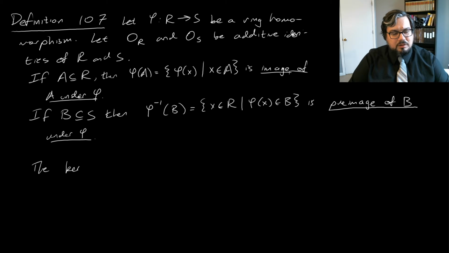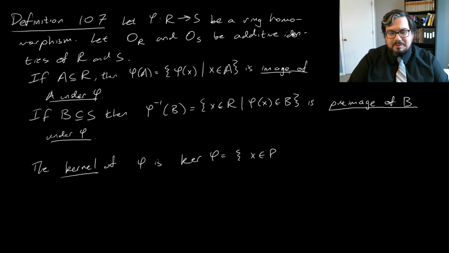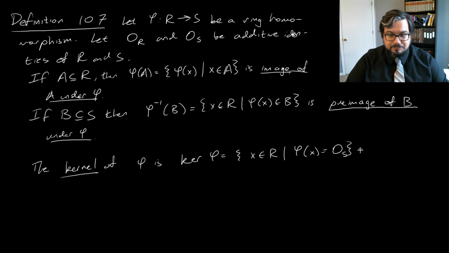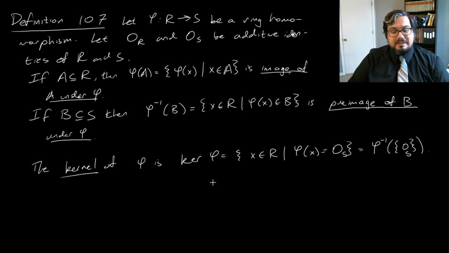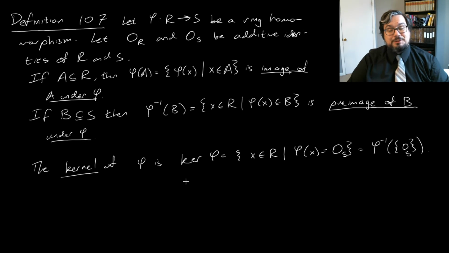The kernel of phi is the set of all elements in R such that phi of x is equal to the 0 element in S. So we could rewrite this also as the preimage of the 0 set in S. So the kernel of phi is the set of all things in R that get sent to 0 under the homomorphism.